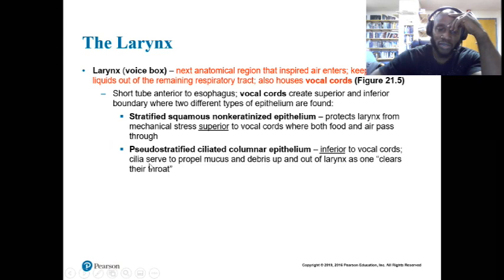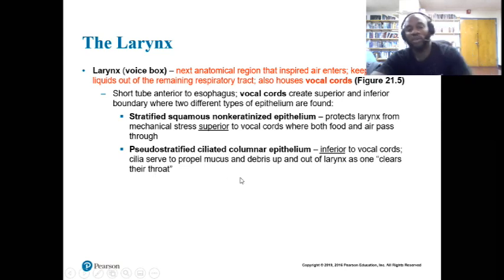Cilia serve to propel mucus and debris up and out of the larynx as one clears their throat. This is what I talked about with the coughing. So in this case, cilia can propel mucus and debris up and out of your throat, which is what we call the trachea.